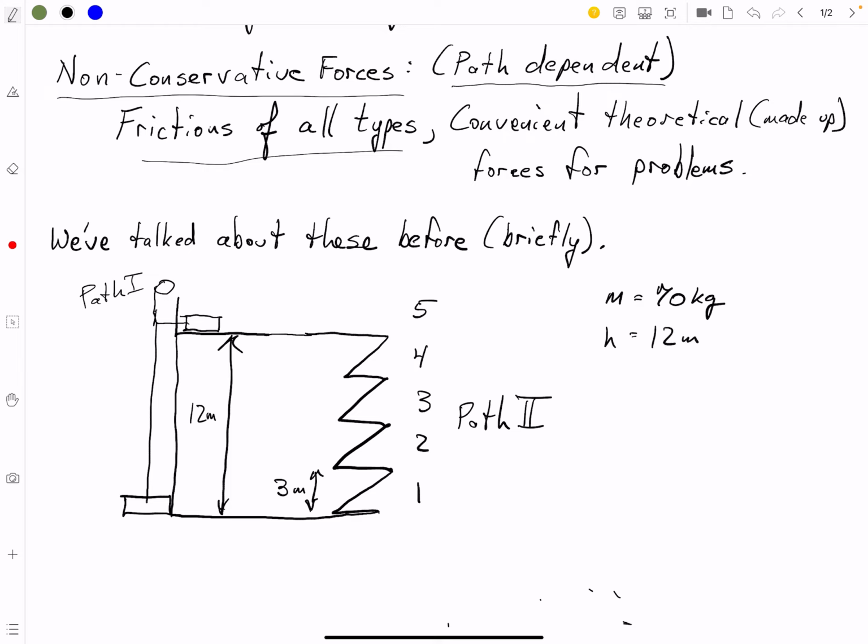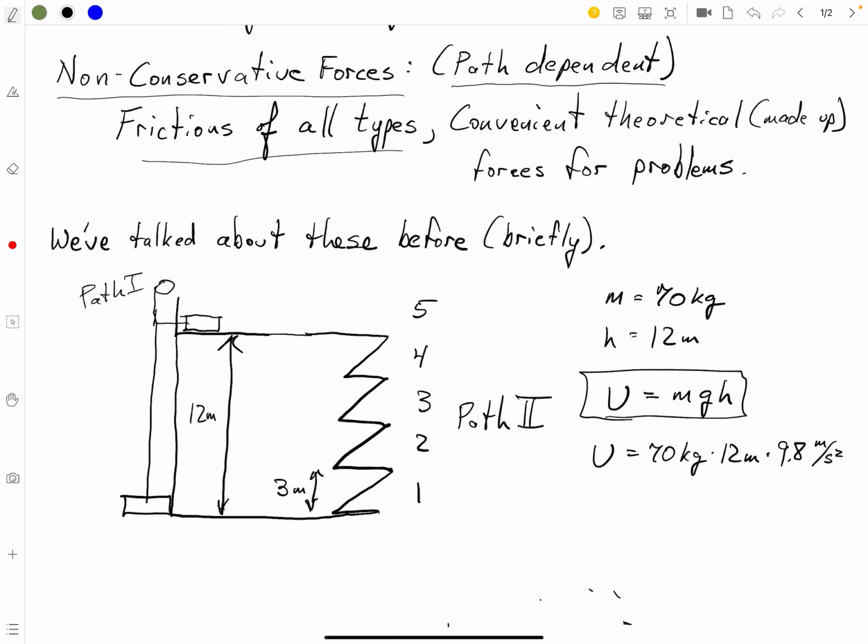And what does that give us for potential energy? So our potential energy, U, is mgh. Put this to memory or stick it on your cheat sheet or whatever, but you got to know this one. mgh. So our U in this case would be our 70 kilograms times our 12 meters times our 9.8 meters per second squared.